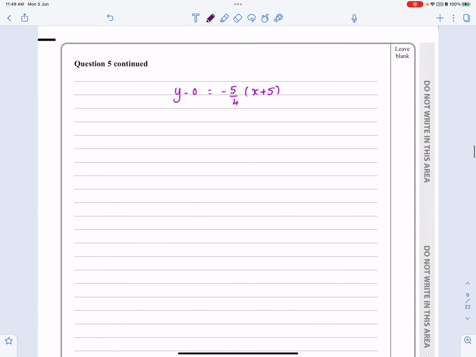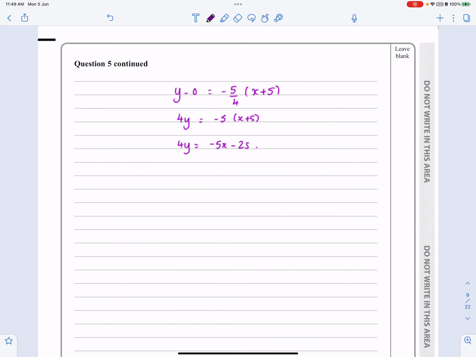At this stage, you should have seen this a lot. Don't mess around with this. Multiply everything by 4, so I get 4y equals minus 5(x plus 5). Now multiply out the bracket: minus 5x minus 25. If I didn't think now, I'd write that down as 4y plus 5x plus 25 equals 0, our sort of AS level way of writing down a straight line.